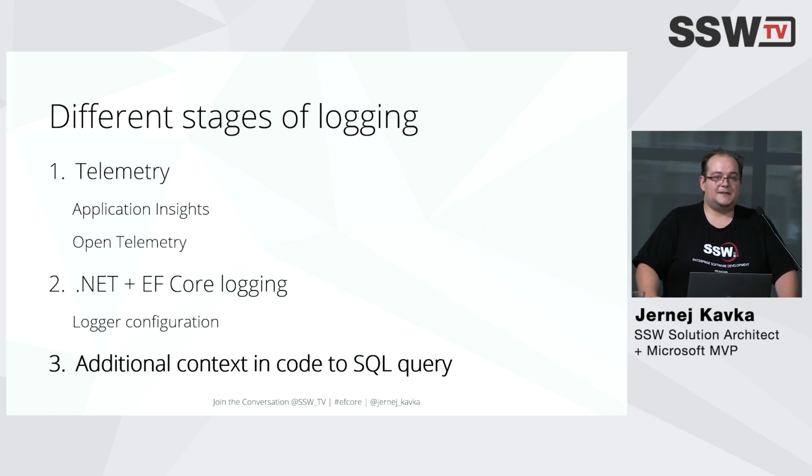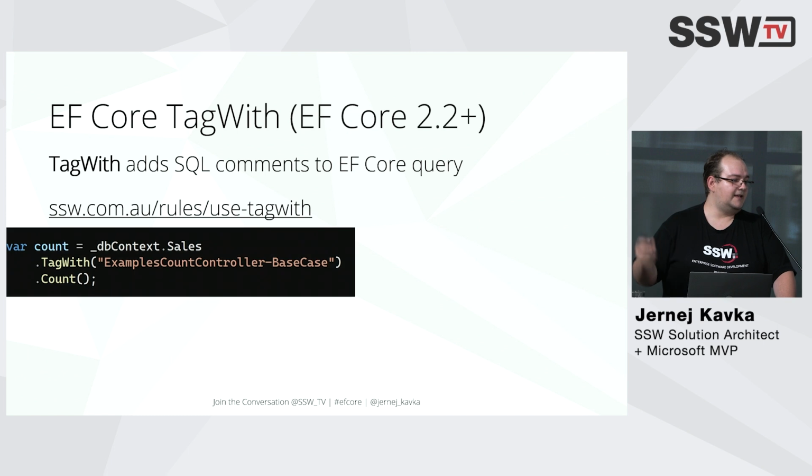And lastly, the most interesting part here, which is not talked about as much as I would want it to be, is how to add additional context about the SQL queries that we execute via the code we write. So here we have the EF Core TagWith, which has actually existed since EF Core 2.2.